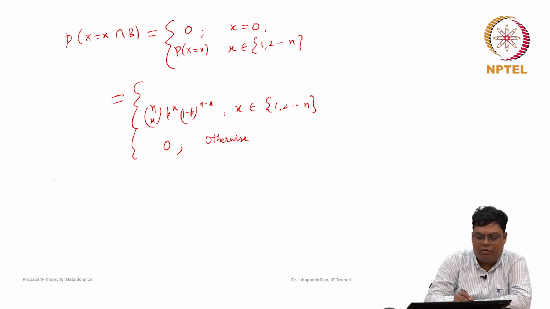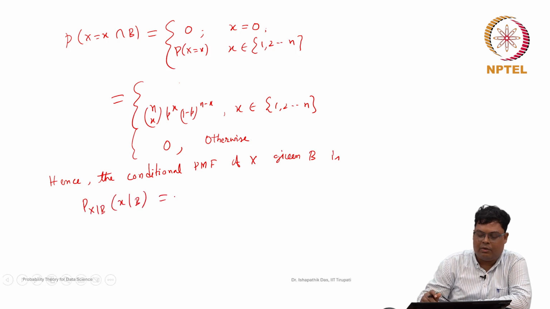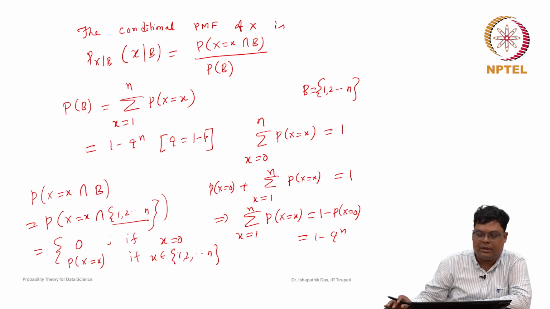So, hence the conditional probability mass function of x given b is the probability of x equal to x intersection b divided by the probability of b.